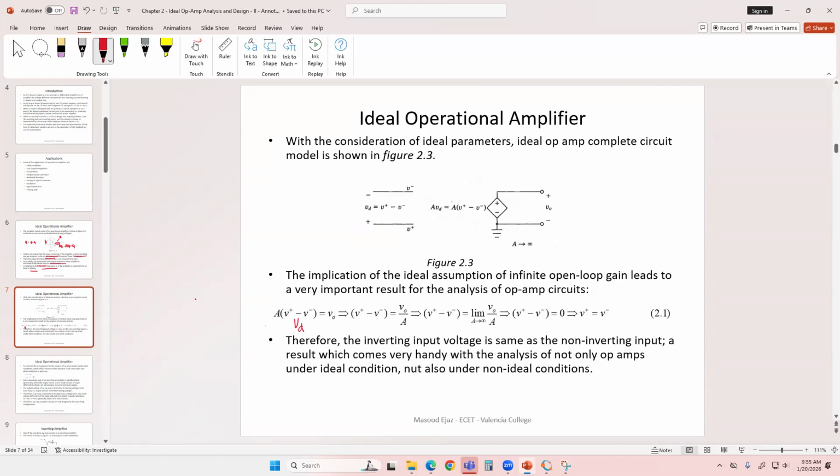As you can see, assuming R naught is equal to 0, very small output resistance, then A times VD is equal to V out, and V out over A is equal to VD. And again, VD is the difference between the non-inverting input and the inverting input.